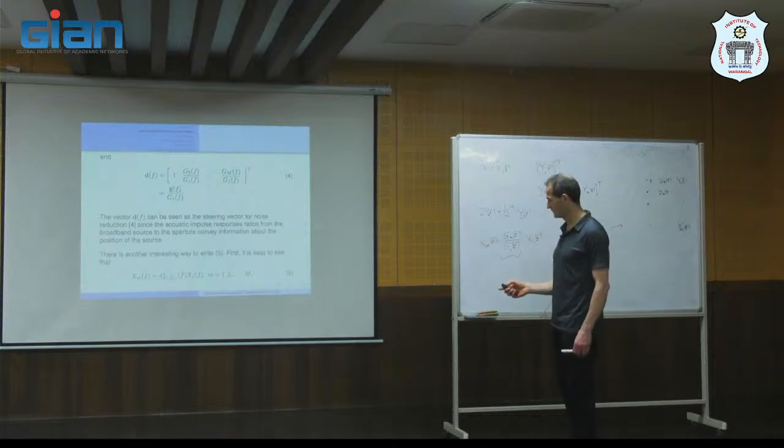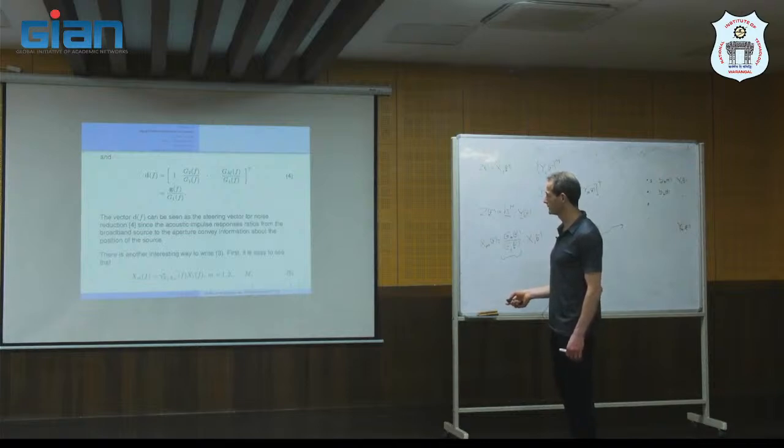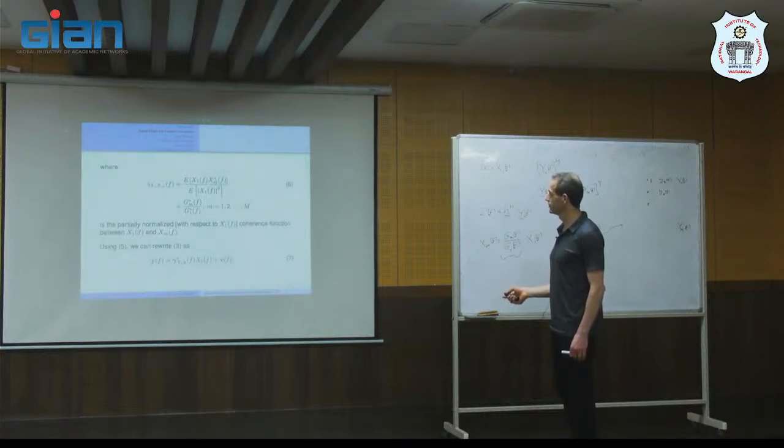I will show it. First, I will define what this term is: what is the partially normalized coherence between two terms in the Fourier transform? And then I will show how to obtain it. Okay, so first the definition.